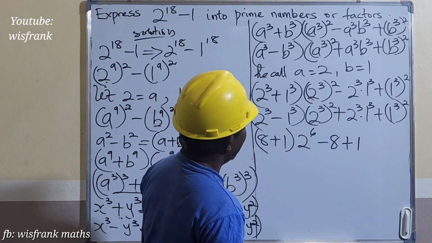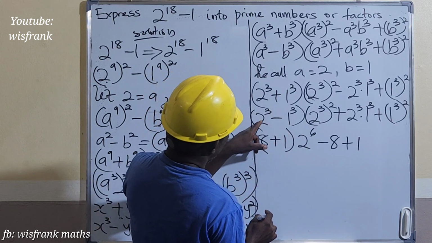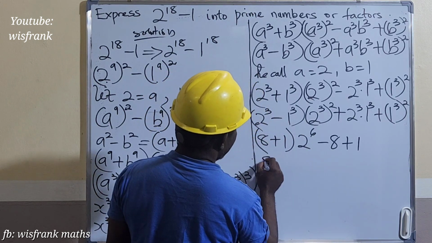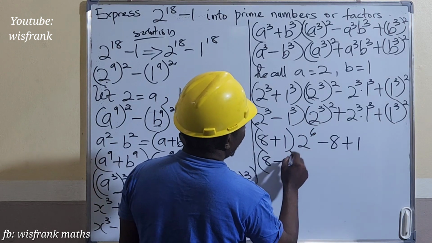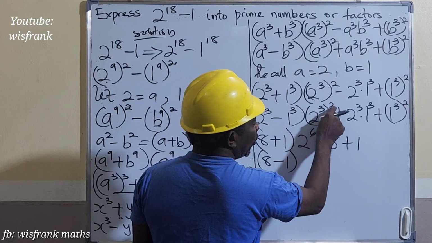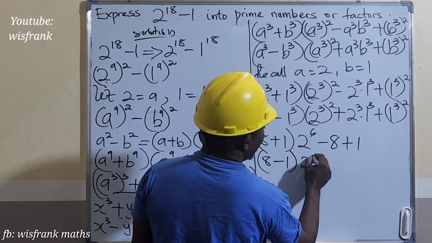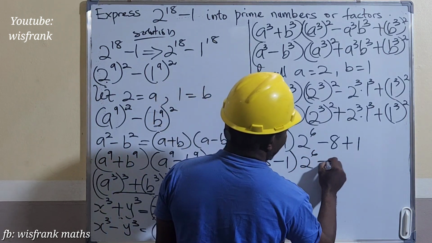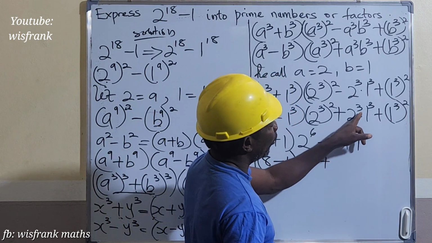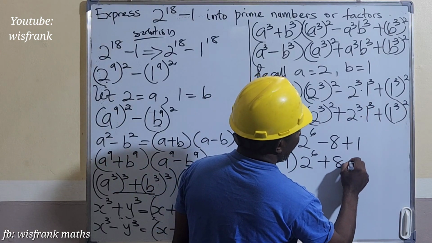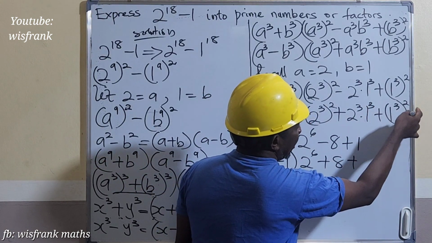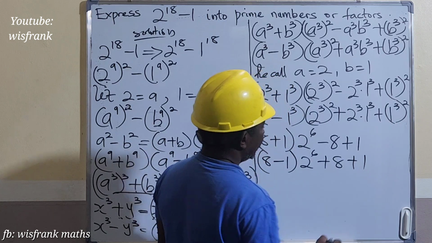That is for the first line. Then the second line, we have 2 to the power of 3, which is 8, minus 1 to the power of 3, which is 1. Then 2 to the power of 3 all to the power of 2 is 2 to the power of 6, plus 2 to the power of 3 times 1, which gives us 8, plus 1 to the power of 3 all to the power of 2, which is 1.